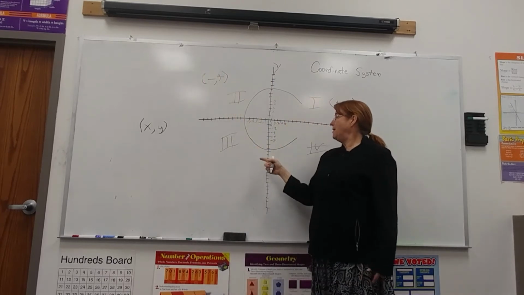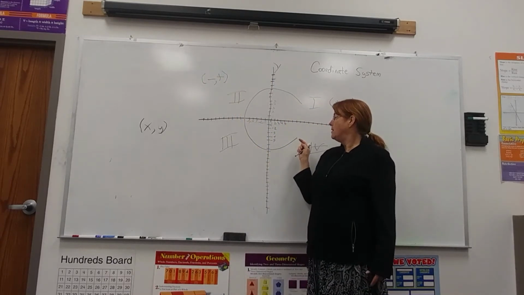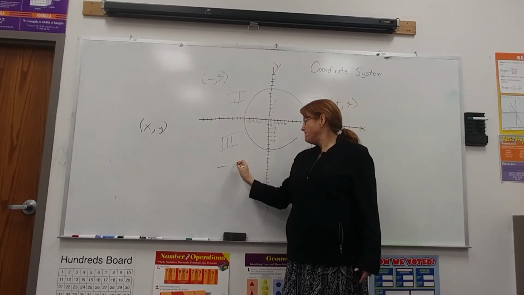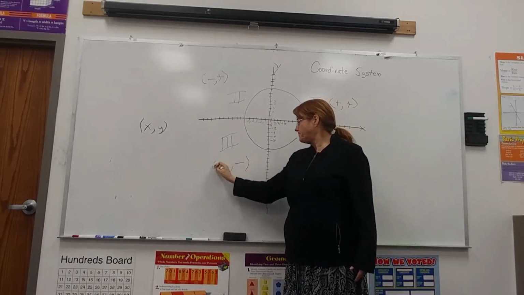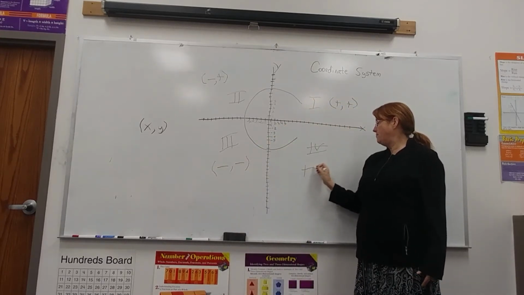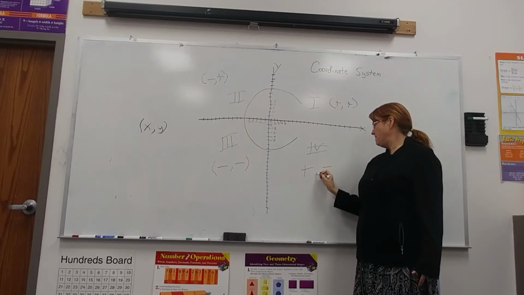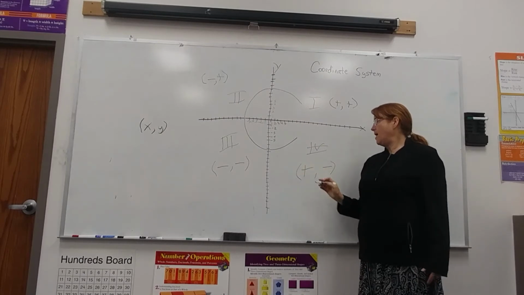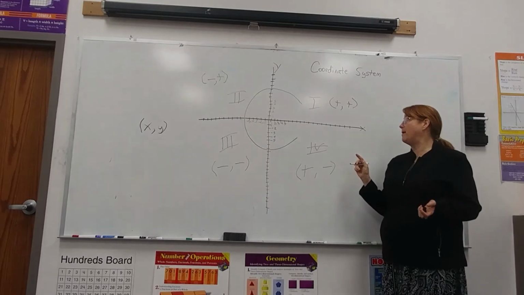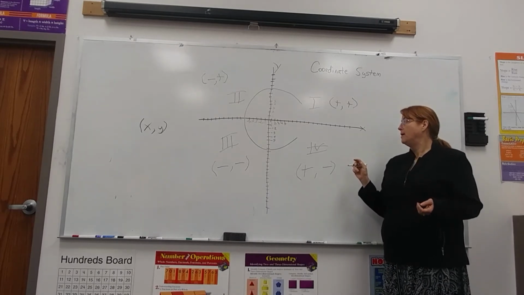In quadrant 3, our x's are negative and our y's are negative. And in quadrant 4, our x's are positive, but our y's are negative. And that can help you figure out where you are in space if you understand that about the coordinate system.